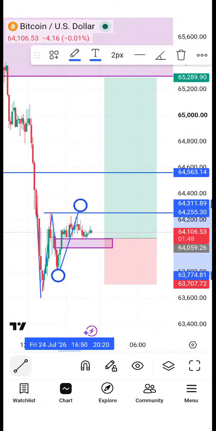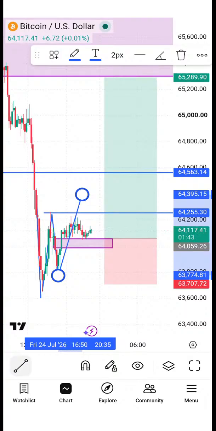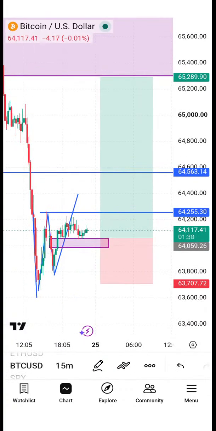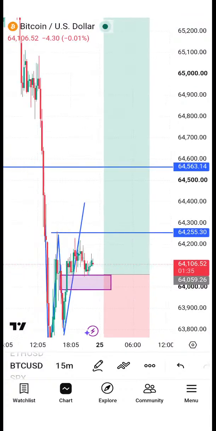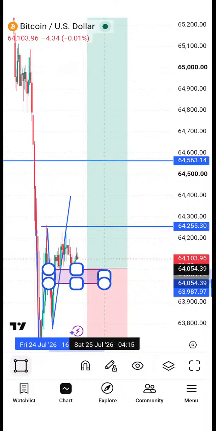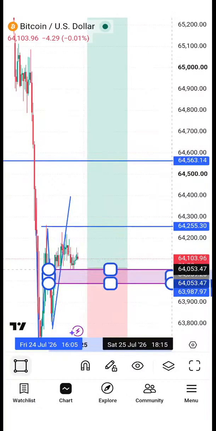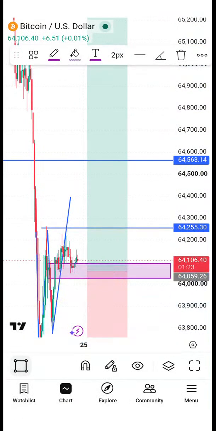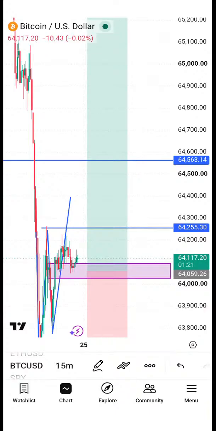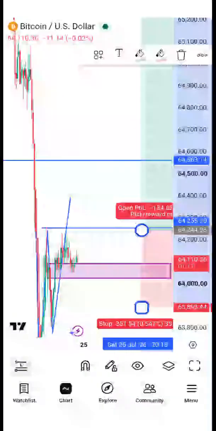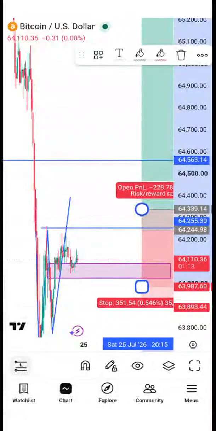When it breaks above here, we will know that now we should take our buy entries. This fair value gap has been respected, but now we are supposed to wait, guys, for price. Let me just place this here for now. We are waiting for price.